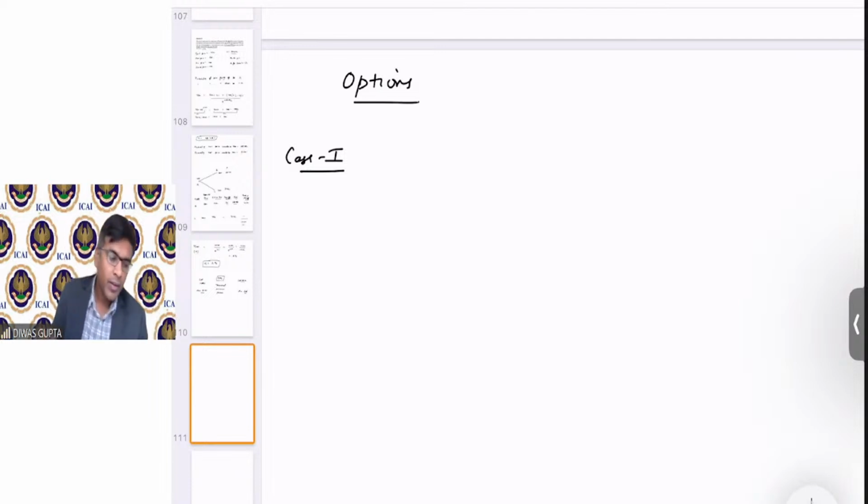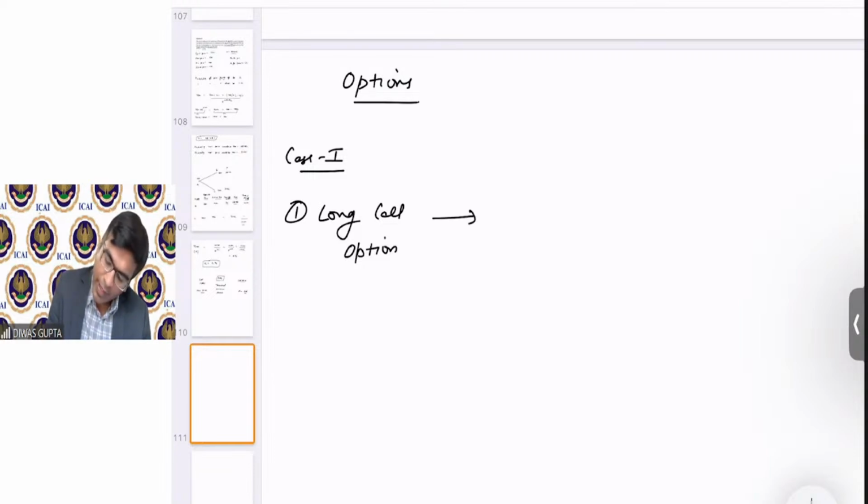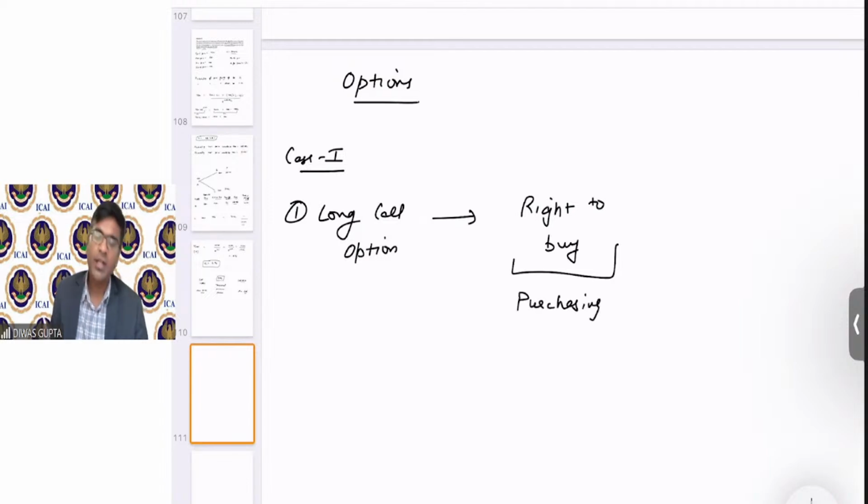Okay. So case one is, starting from, if someone does a long call option. If someone is doing a long call option, that means a right to buy is getting purchased, right?